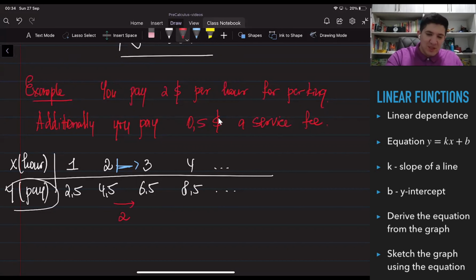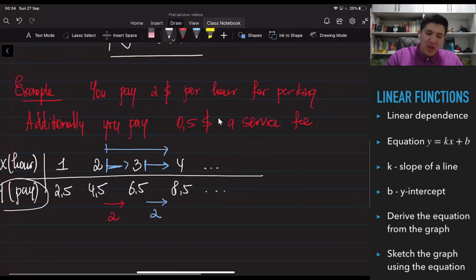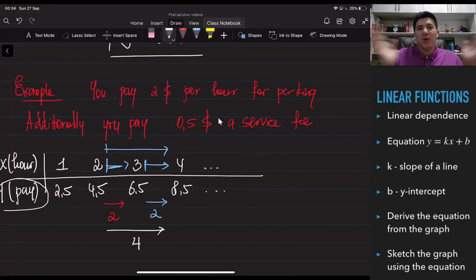But here, if you change x from 3 to 4, y is changing by 2. If you change x from 2 to 4, then your y is going to change by 4. You see, everything is proportional. So that is why it's called linear.